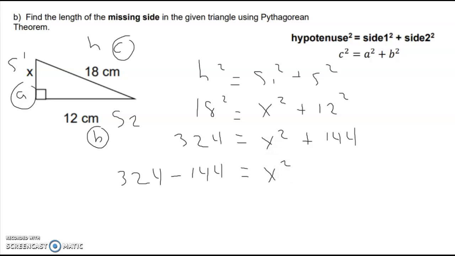Now we need to simplify this side. 324 minus 144 gives us 180, and that still equals our x squared.